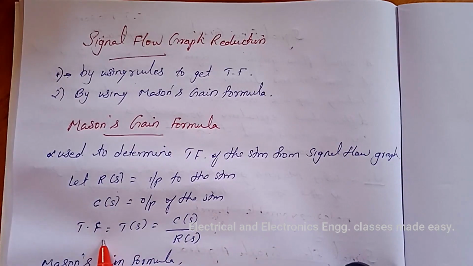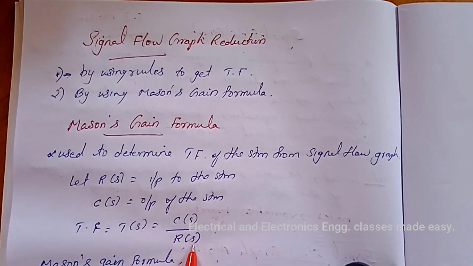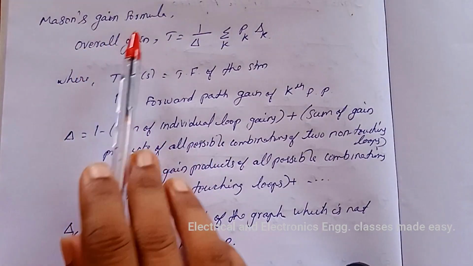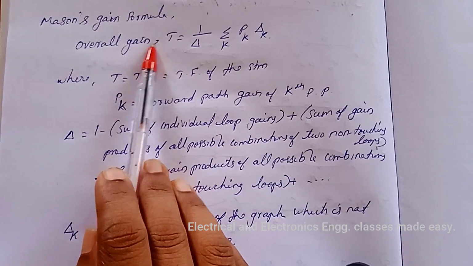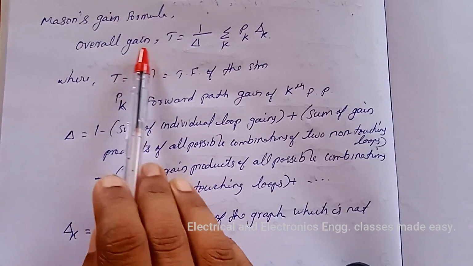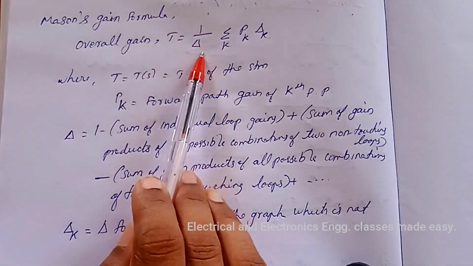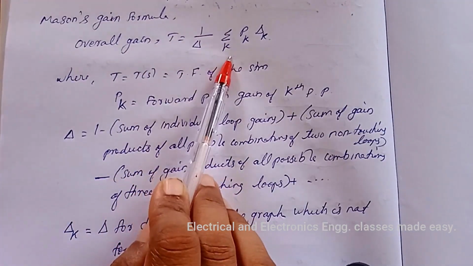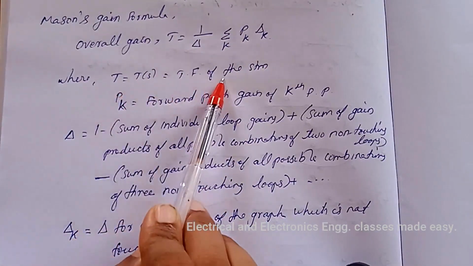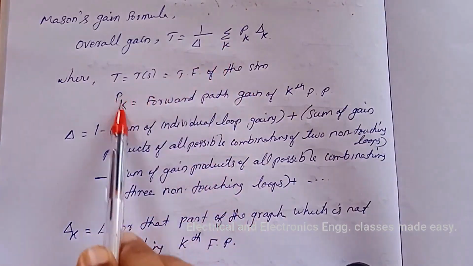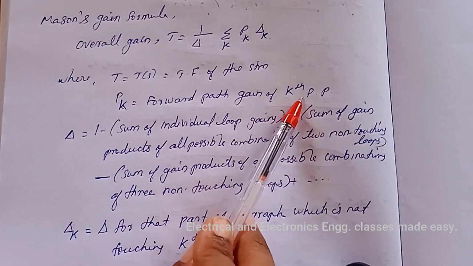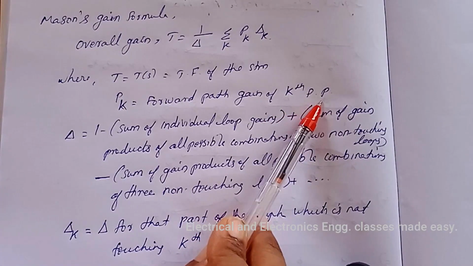Then we have the transfer function T(S) equal to C(S) divided by R(S). Then Mason's gain formula states the overall gain of the system, that is overall gain T is equal to 1 by delta sigma k Pk delta k, where T is the transfer function of the system, then Pk is the forward path gain of the kth forward path.